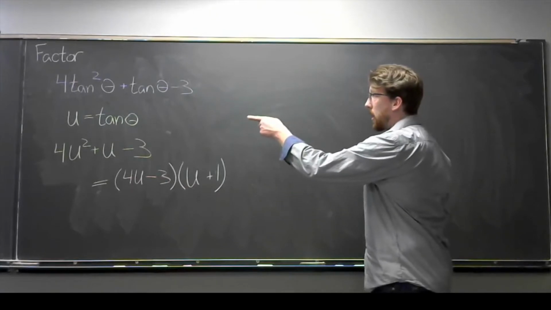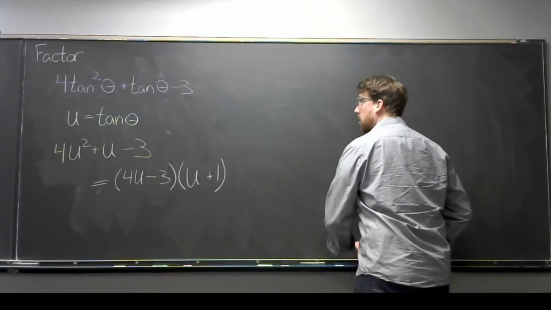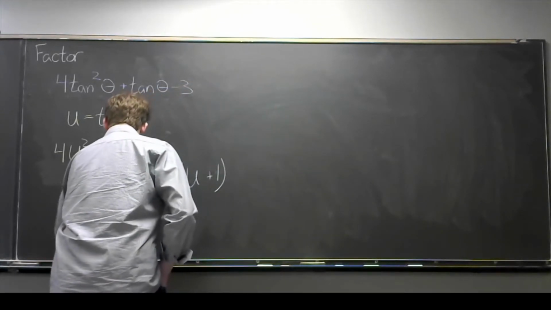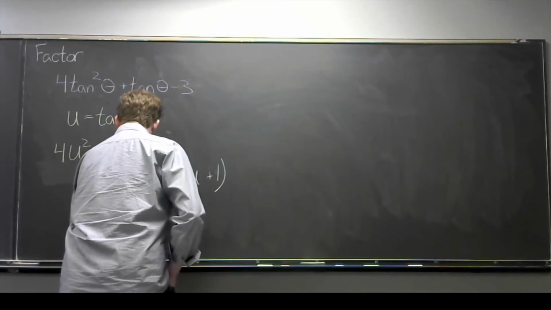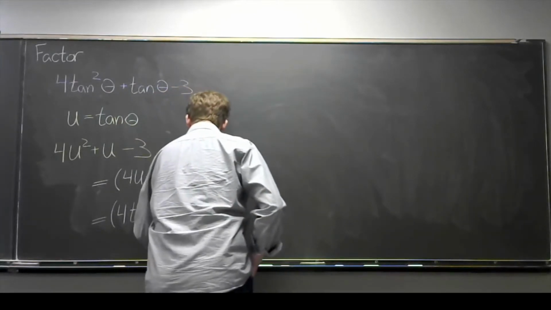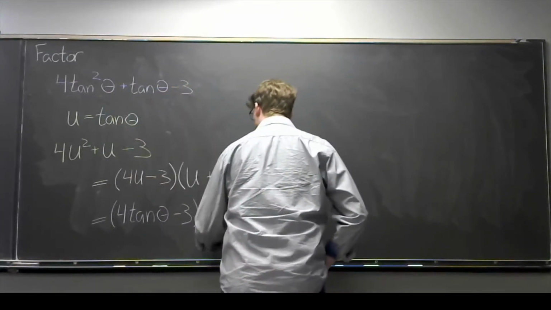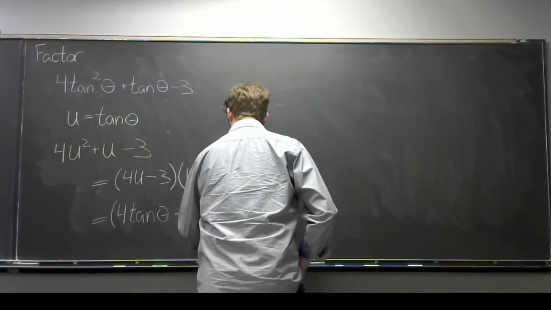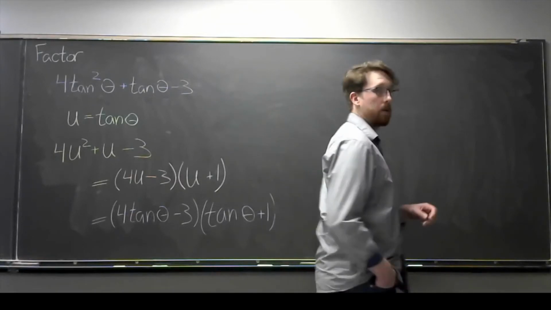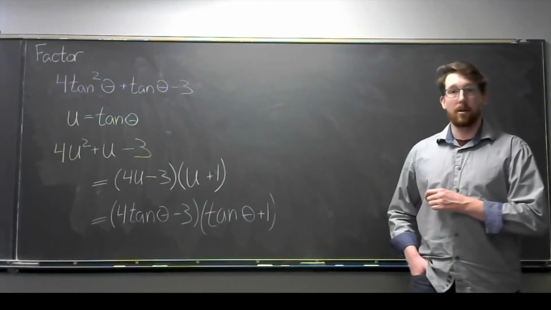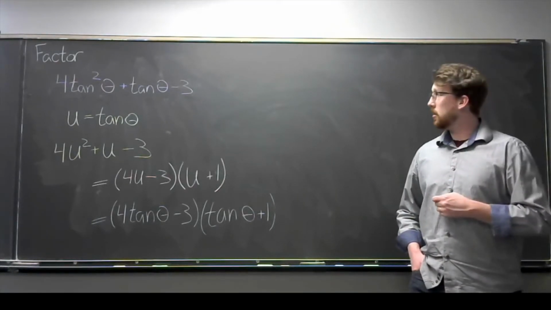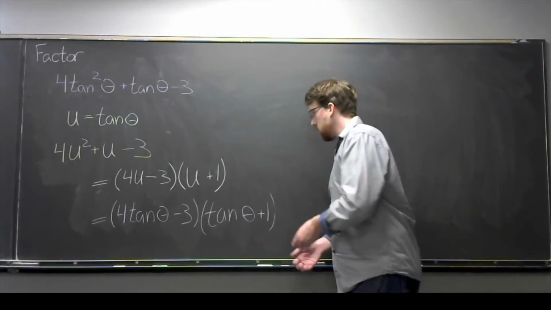So if we put our tangent back in, we're going to find that all of this is equal to 4 tangent theta minus 3, that quantity times tangent theta plus 1. And that's it. There's nothing more to this. We are done. All right, cool.